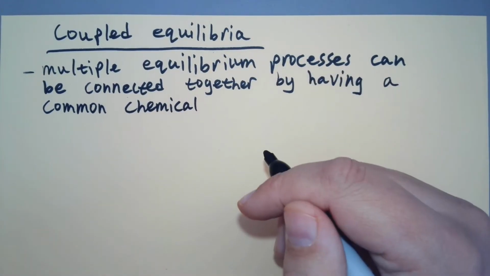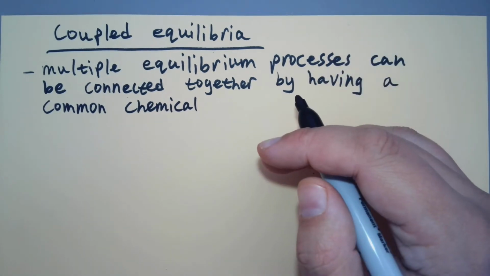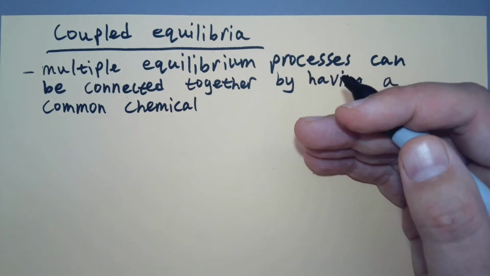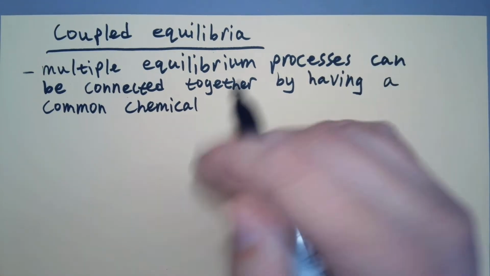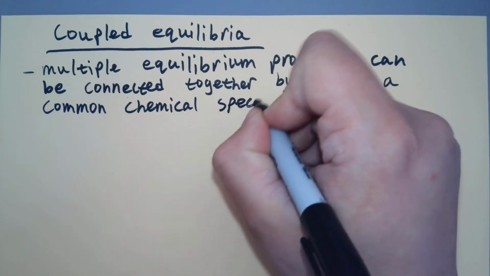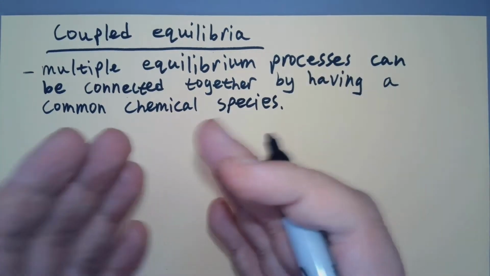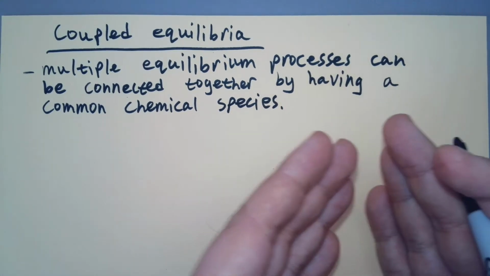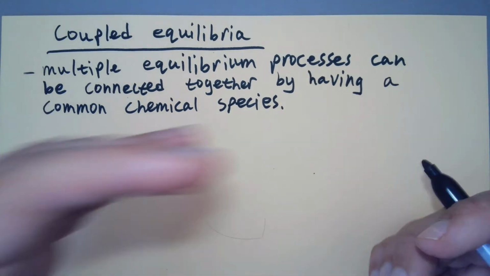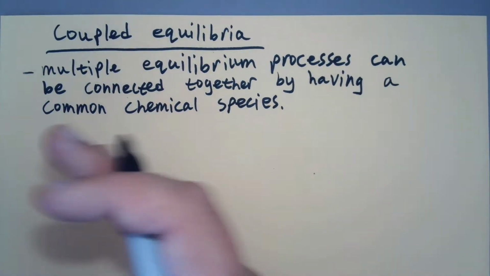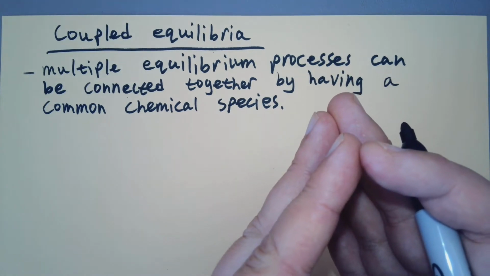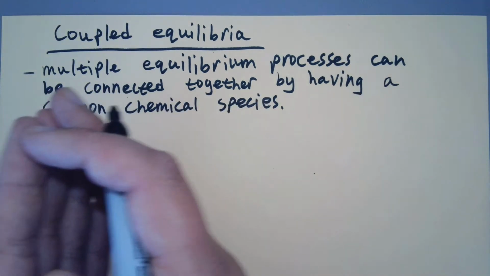Why does adding acid, even a weak acid, cause the amount of OH minus to decrease? And the answer is coupled equilibria. So, you have this relationship between H plus and OH minus. If H plus went up, OH minus went down. So if we put a weak acid in, you'd have this exchange between the acid and its conjugate base.